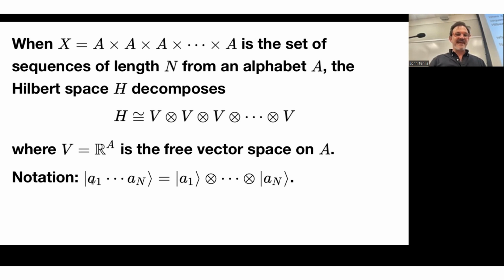So a sequence like A1 through AN is an element of X, and that labels a basis vector in the set X. A1 is one character, and so that's a vector in the vector space V. And you can take the tensor product of those pieces. Okay. For those of you that are in physics, this is surely review.